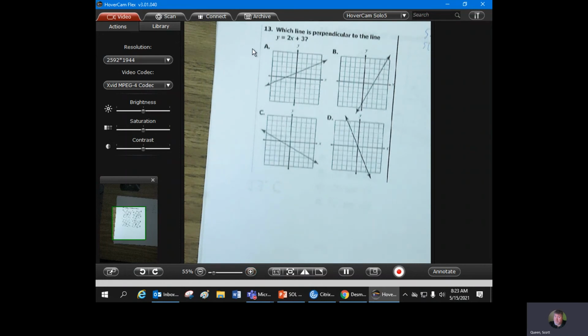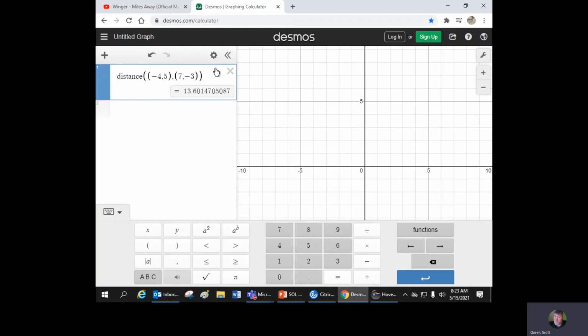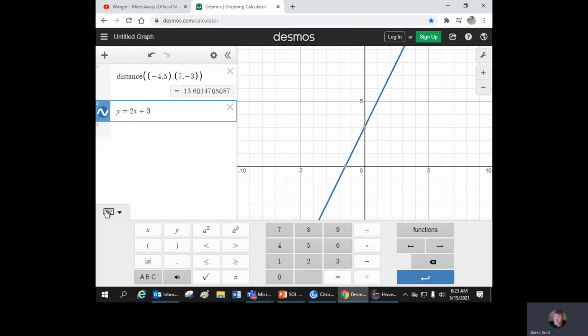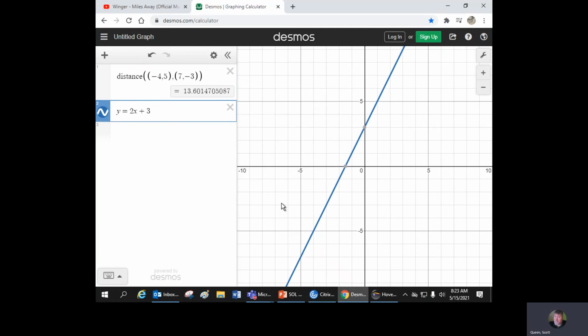So here's what we do. We're going to take this y equals 2x plus 3, and we're going to put it in Desmos. Y equals 2x plus 3. And look at that beautiful line. That's a positive sloping line, right?